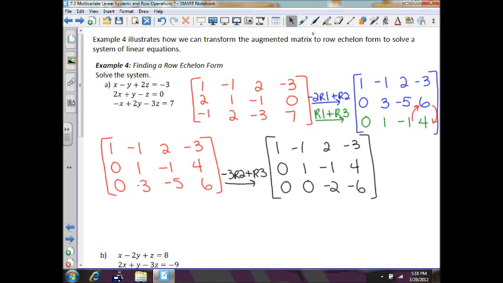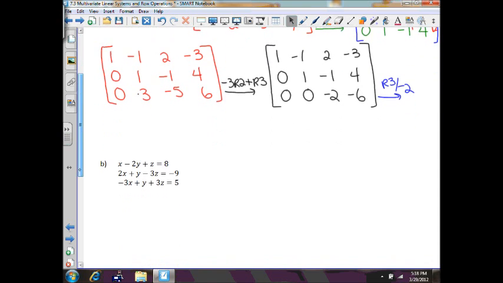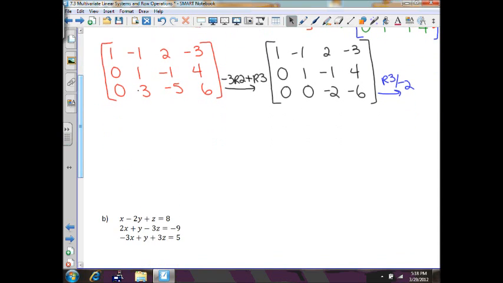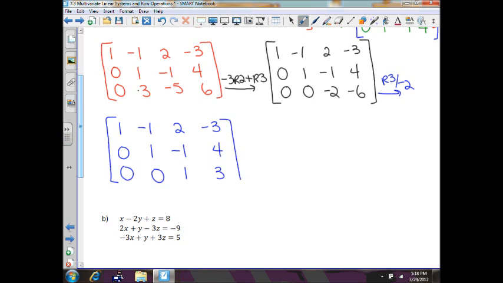Now what we can do with our third row is divide it by negative 2, which makes the third row a 1 and a 3. Negative 2 divided by negative 2 is 1. Negative 6 divided by negative 2 is 3.